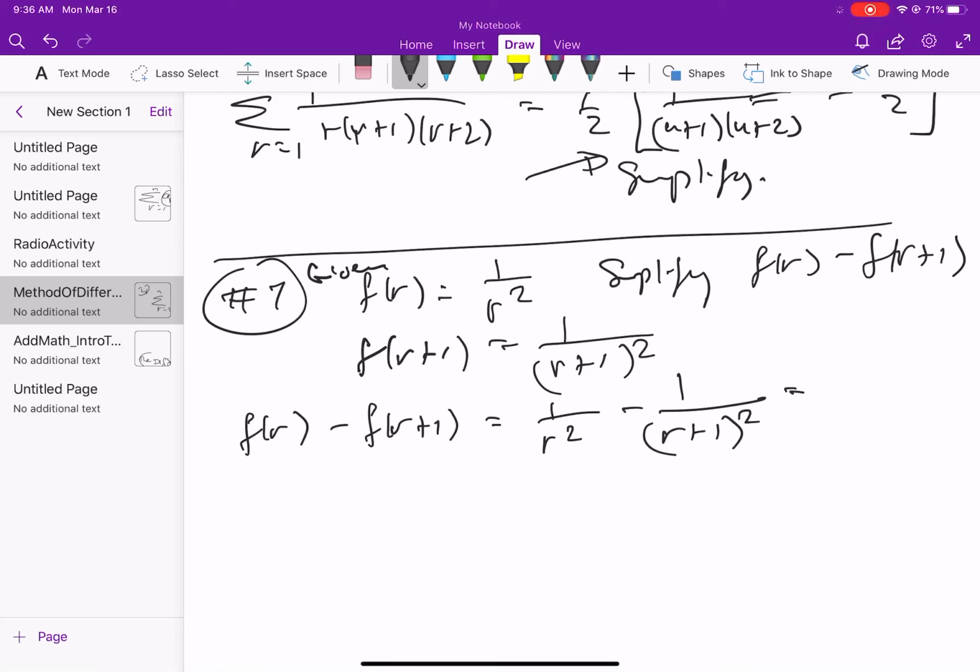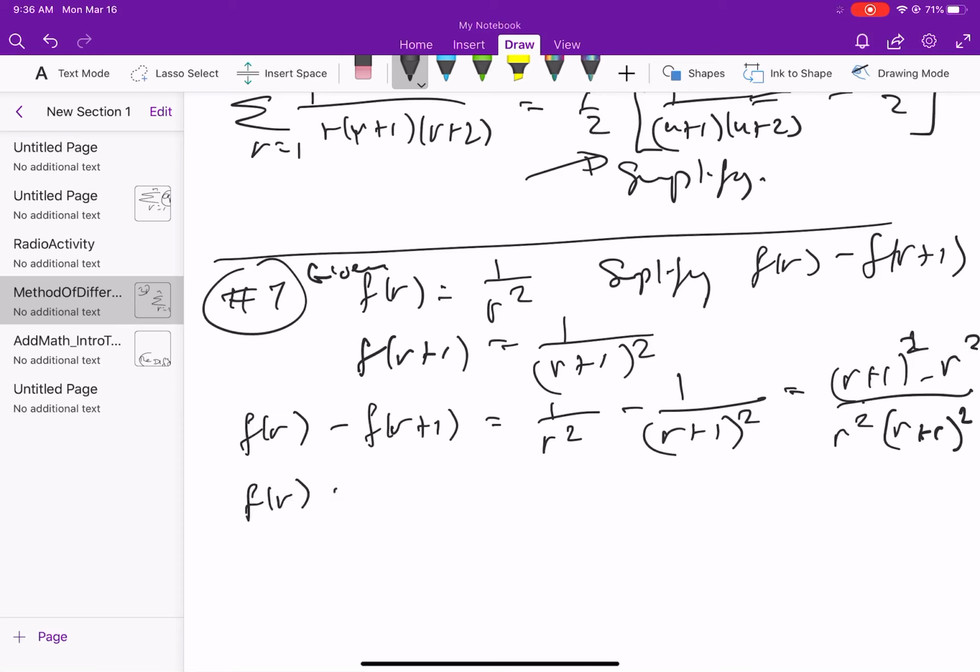If I were to simplify that, the common LCM would be r squared into r plus 1 all squared. So on top I'll have r plus 1 all squared minus r squared.